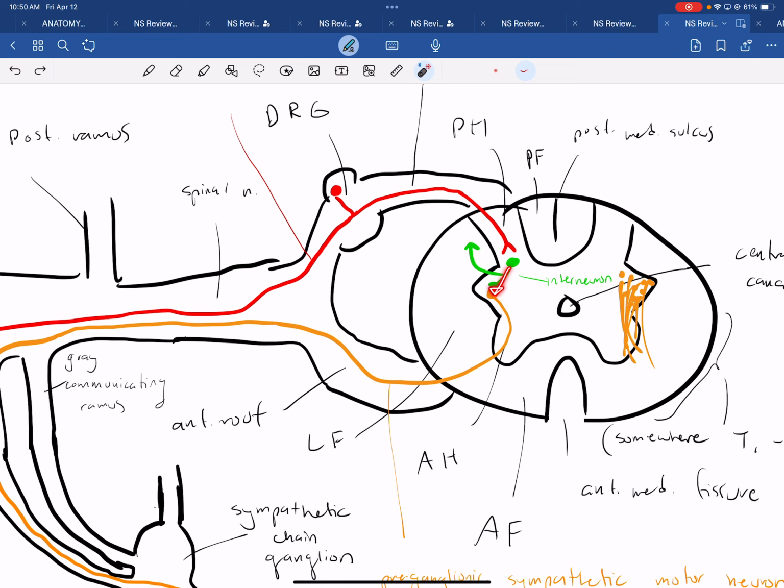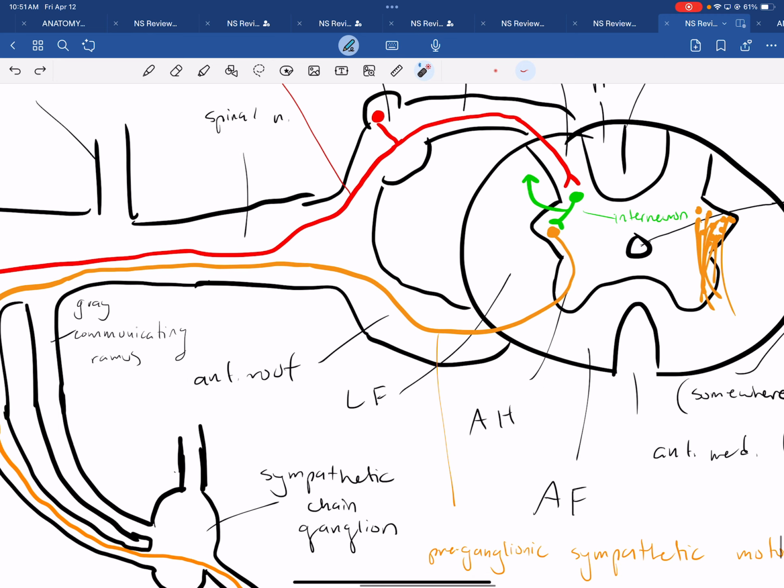It's going to tell the sympathetic autonomic motor neuron to fire, and also it's going to send an axon collateral to your brain, to your primary somatosensory cortex, so that you can become aware of the damage that occurred. But before you become aware of it, this neuron, which is located where in the spinal cord? Good. And where are lateral horns located?